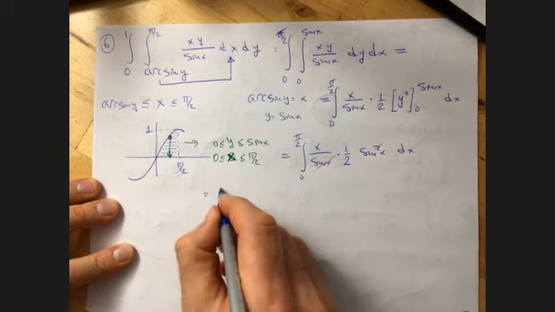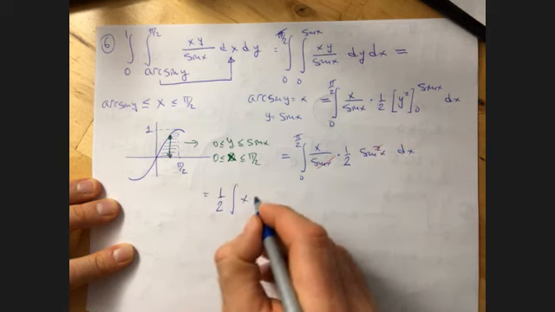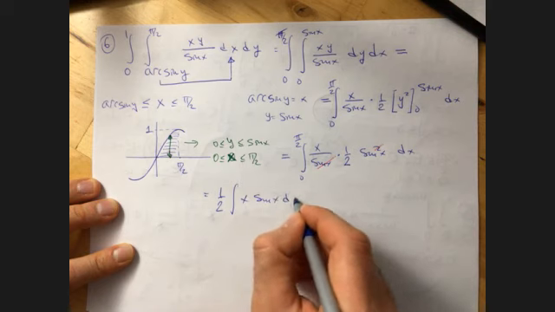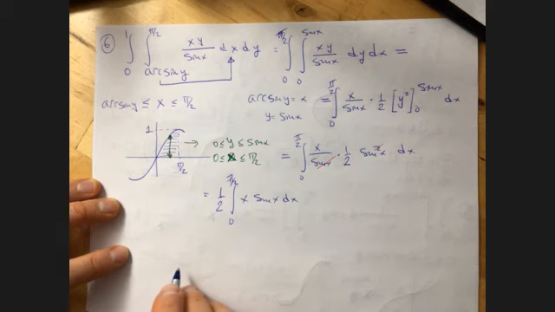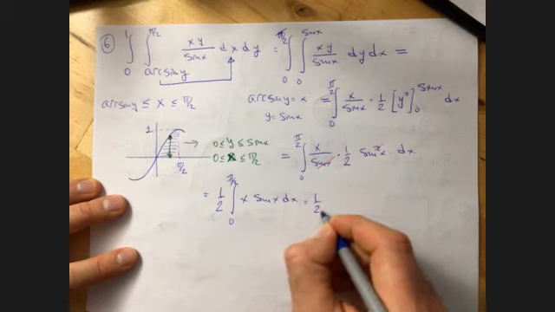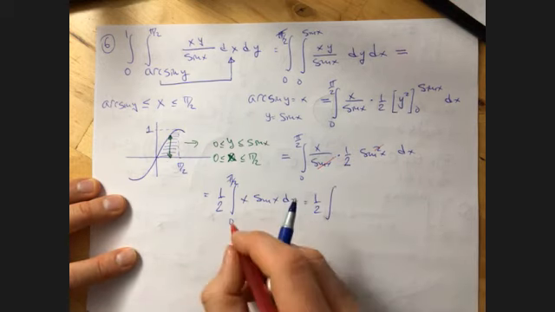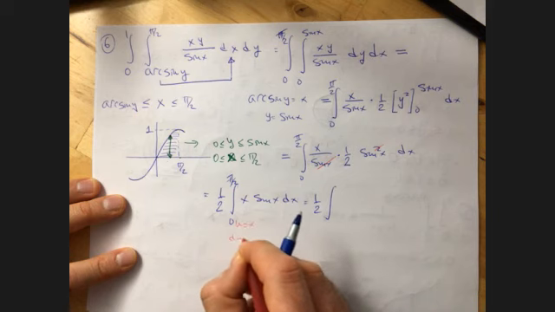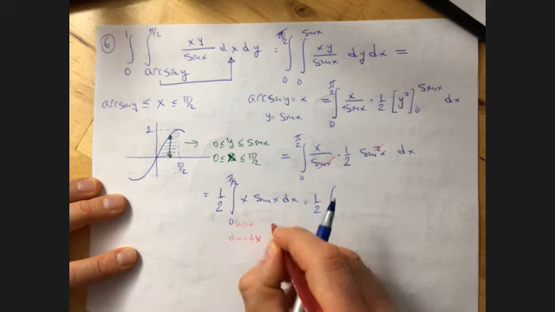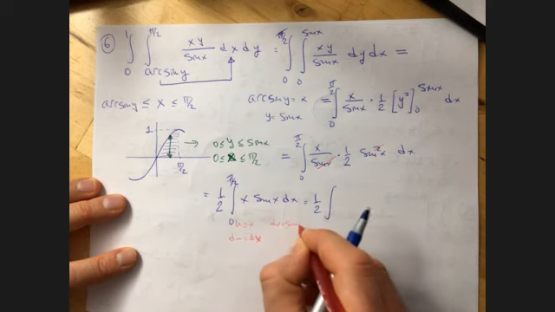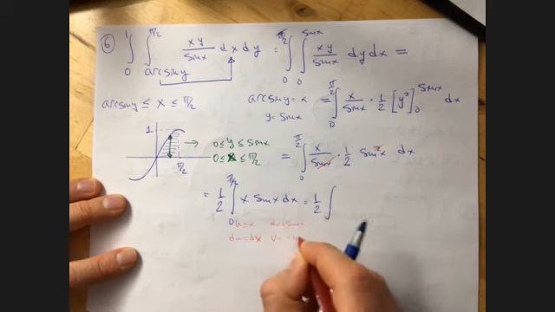Cancel these two, and then I have just an integration by parts from 0 to pi over 2, which will be u is equal to x, du is equal to dx, dv is equal to sine of x, v is equal to negative cosine of x.